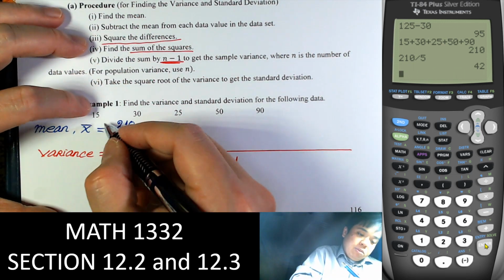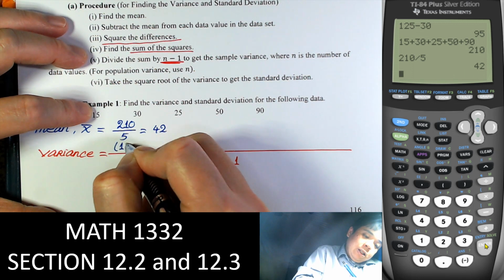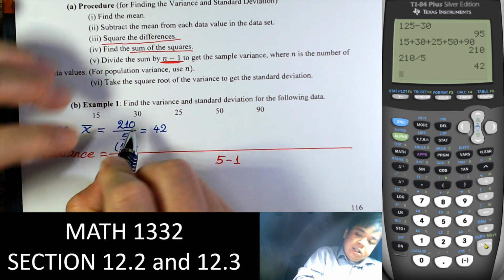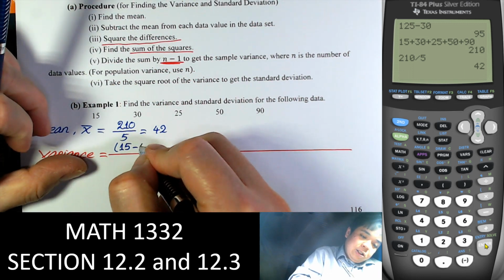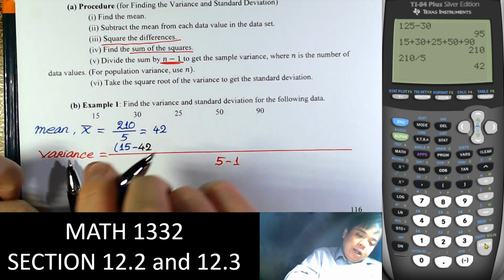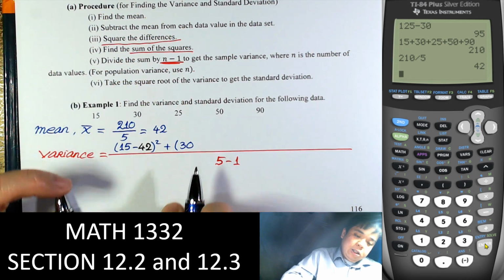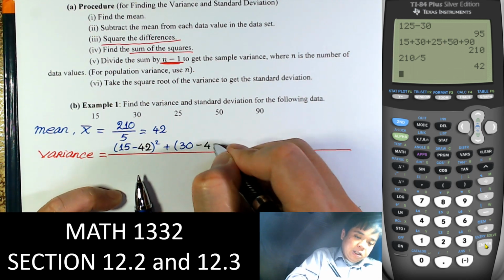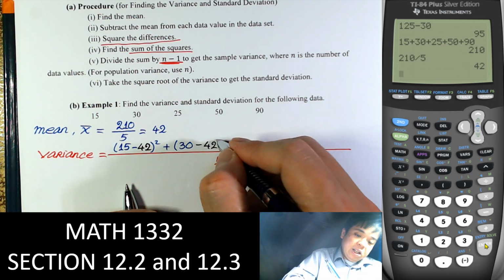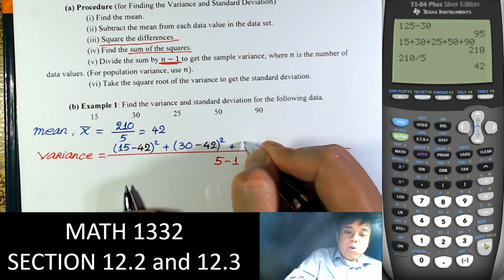And each number, 15, subtract the mean, and then square. So we do all of that. 30 minus the mean, so the difference from the mean, that's what we call the deviation.